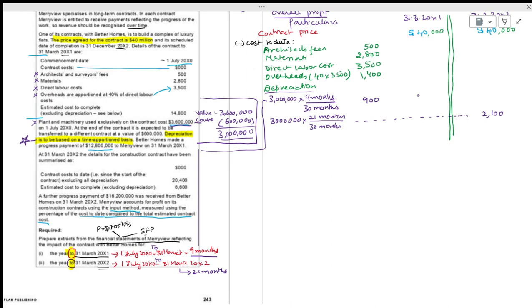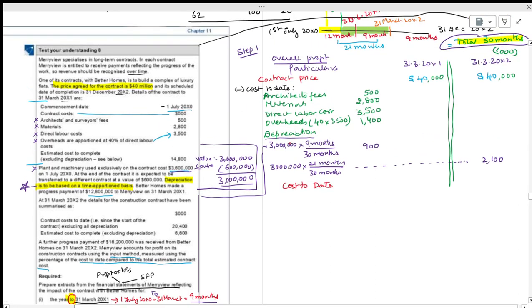If you put all this together, how much will you get? Cost to date. What do you get if you put all these things together? This is what cost to date is. How much is the cost to date?